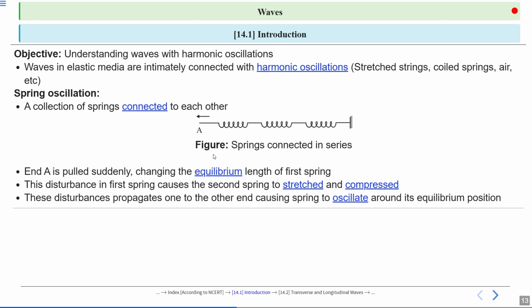As a result, these disturbances travel from one end of the spring system to the other, causing each spring to oscillate around its equilibrium position. This is the essence of wave propagation. Energy and motion move through the medium, even though the individual particles or springs mostly move back and forth rather than traveling with the wave.